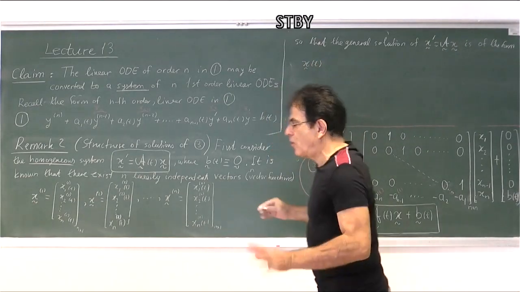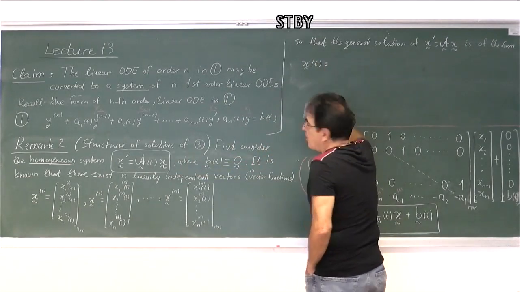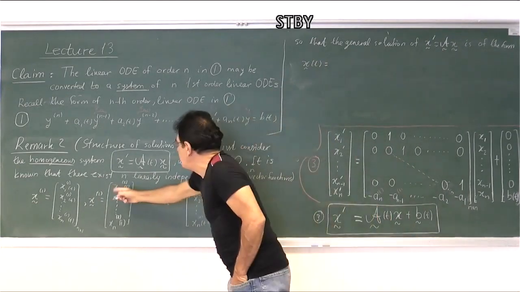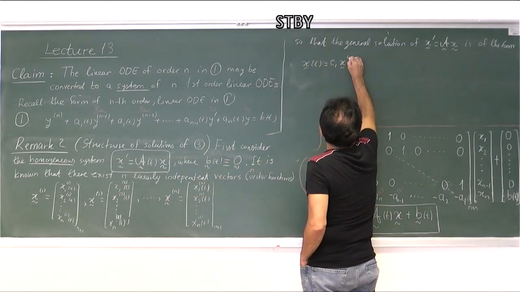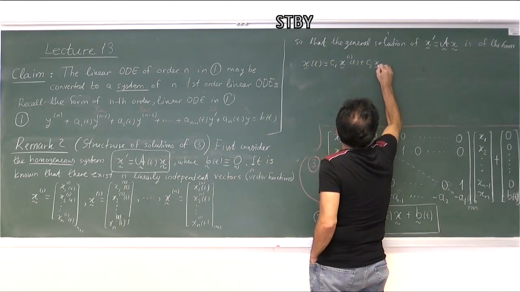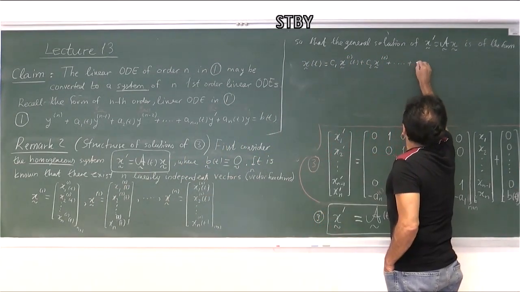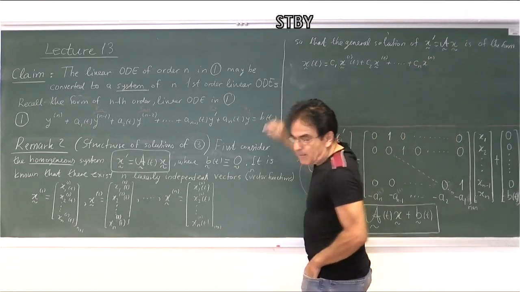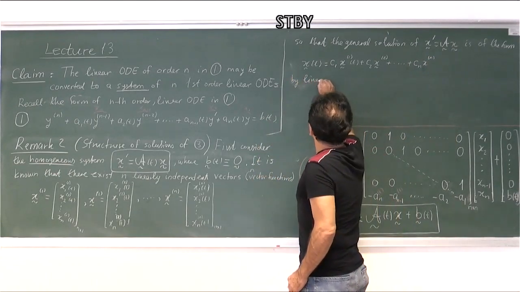The general form of the solution of the corresponding homogeneous system is nothing but the linear combination of these n vector functions, something like that: C1 x1 as a function of t, plus C2 x2, and so on up to Cn xn, by the linear superposition principle.